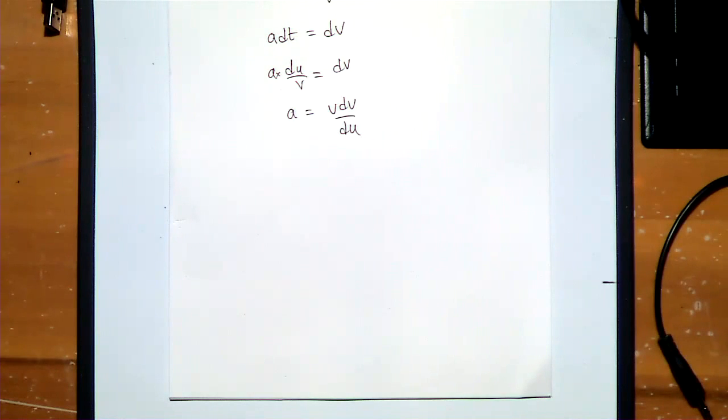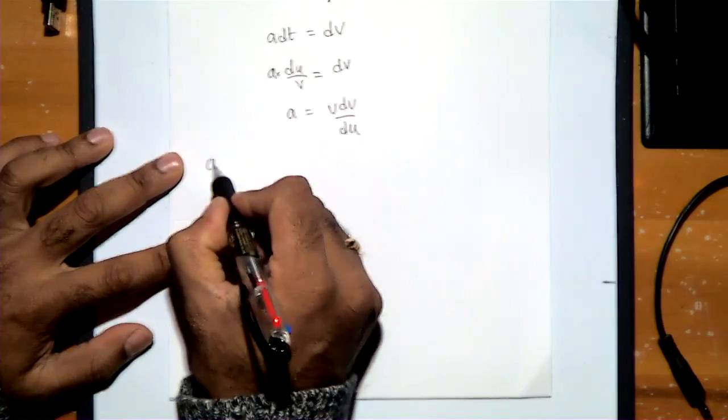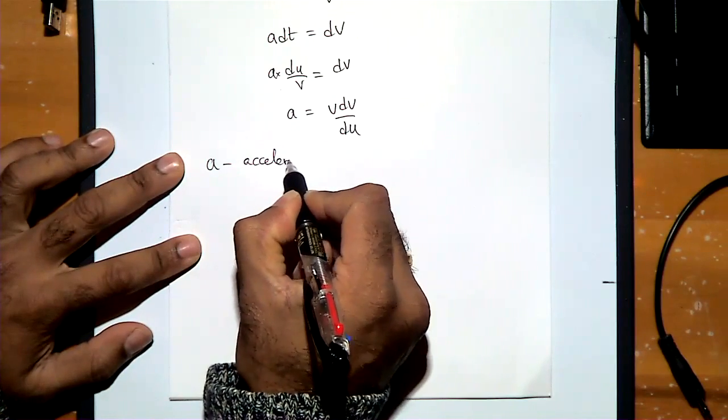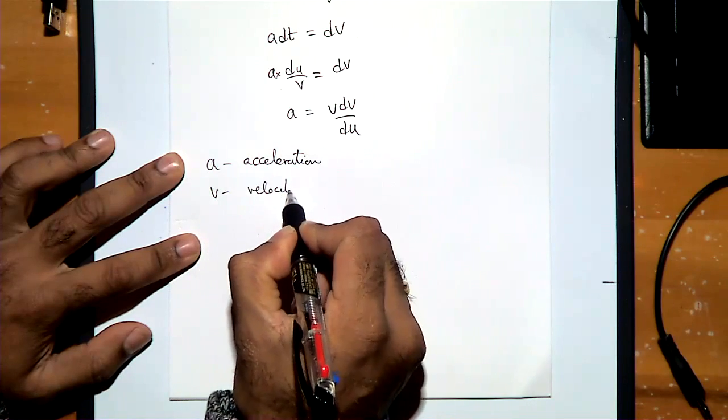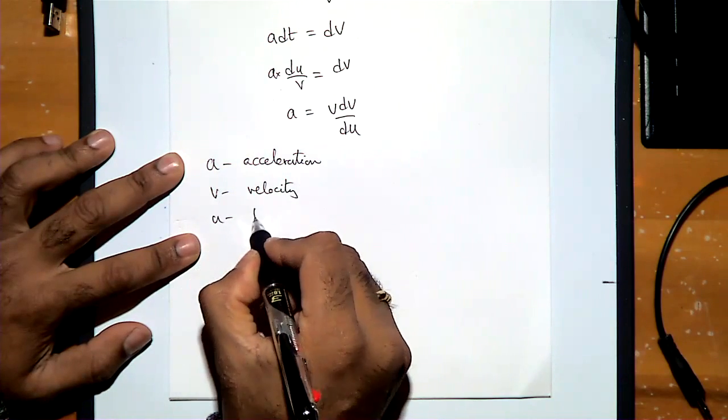I also want to refer you to two alternate notations that you'll see in these lecture note slides every now and again, for velocity, acceleration, and displacement. Like I said, A is acceleration, V is velocity, and U is displacement.